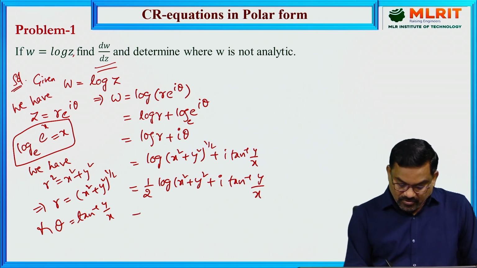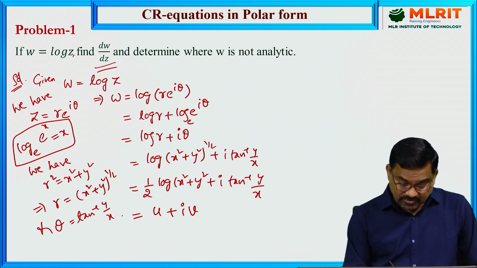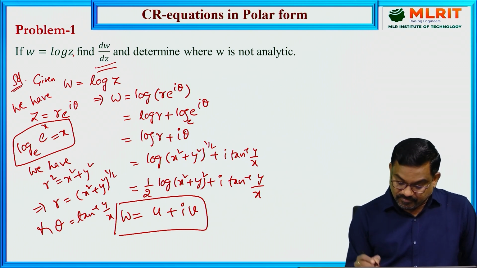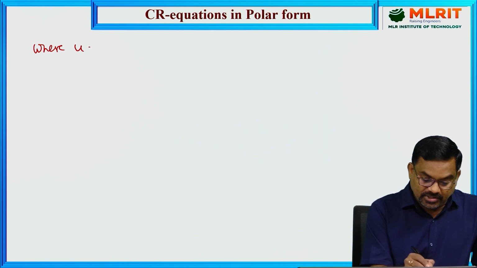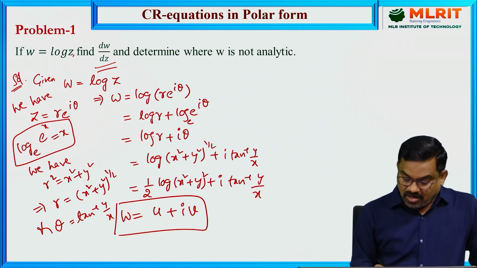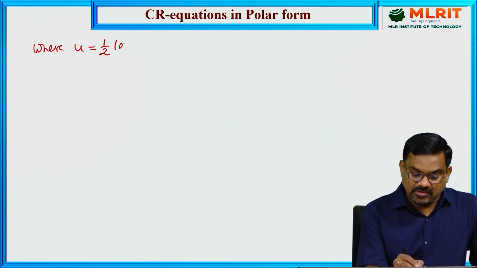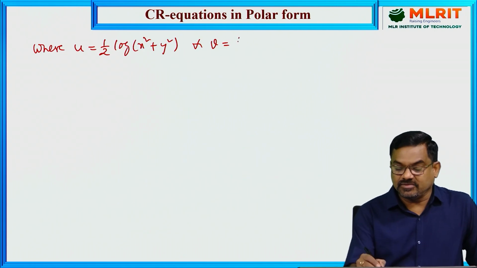So now this w is in the form u plus iv, where u is half log (x squared plus y squared) and v is tan inverse y by x.